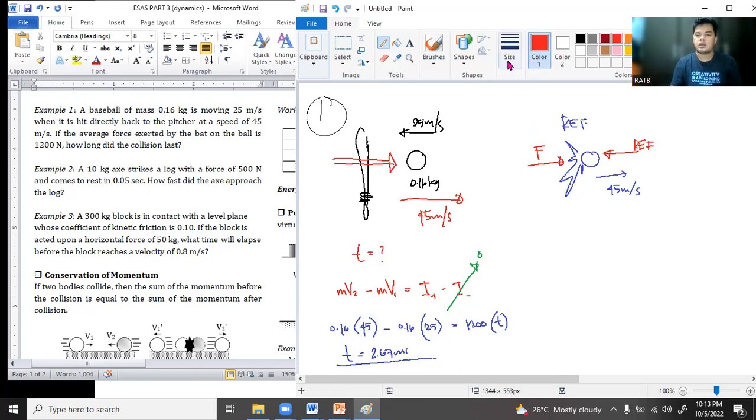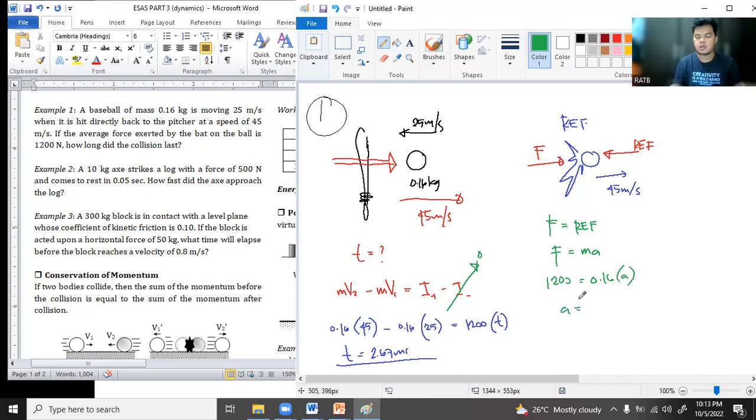And then we begin by equating force that is equivalent to REF, that is mass multiplied by the acceleration. Force is given to be 1,200 Newton, the mass is 0.16 kilograms, multiplied by the acceleration.